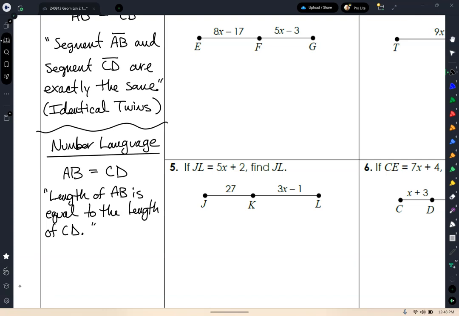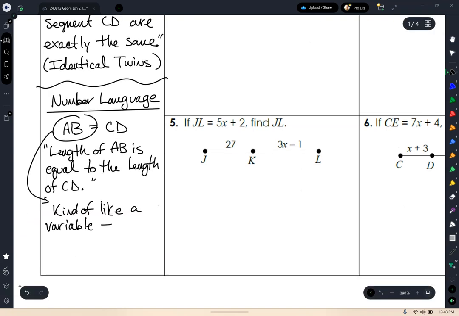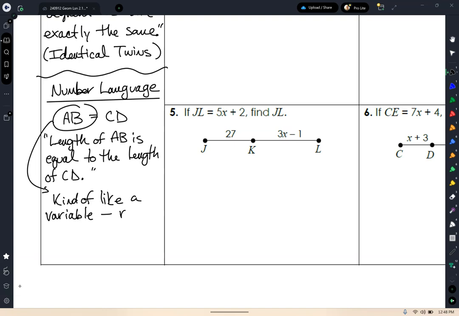Now, what I want you to understand, I'm going to circle this little AB here and swoop an arrow over here, is that this is kind of like a variable. In other words, it can be replaced with a number.